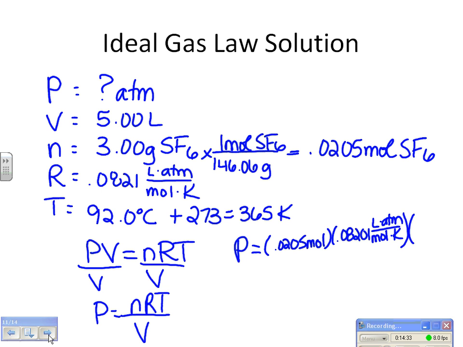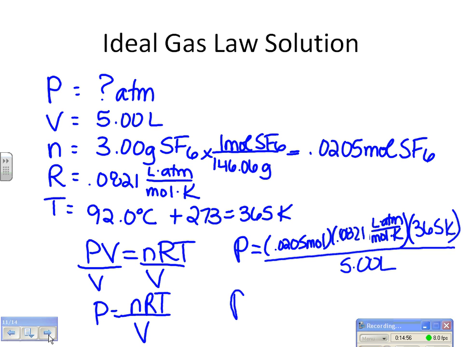Miss Gill just wrote 0.0821, and we're going to use 0.0821. And T is 365 Kelvin. And V is 5.00 liters.